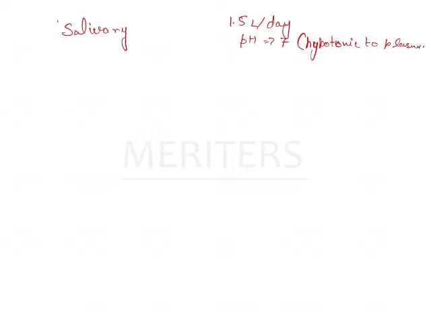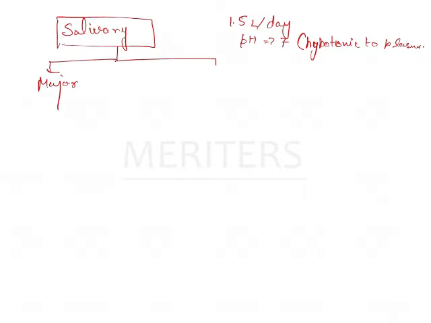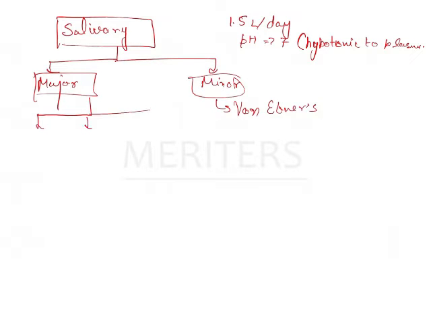Now let's see the sources. The salivary glands have major glands and minor glands. There are a lot of minor glands; one very famous example is von Ebner's gland. Then coming to the major ones, there are three pairs of major salivary glands.